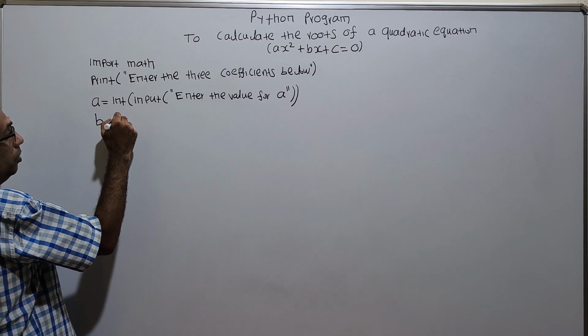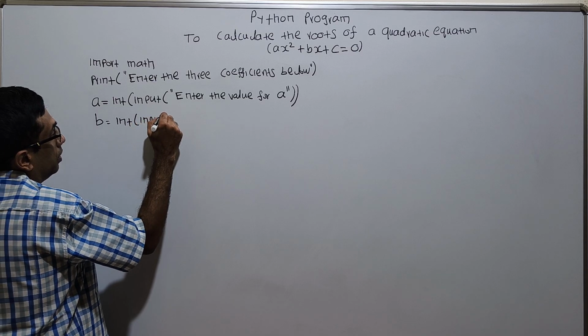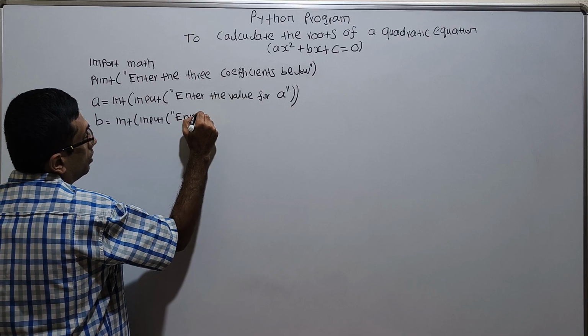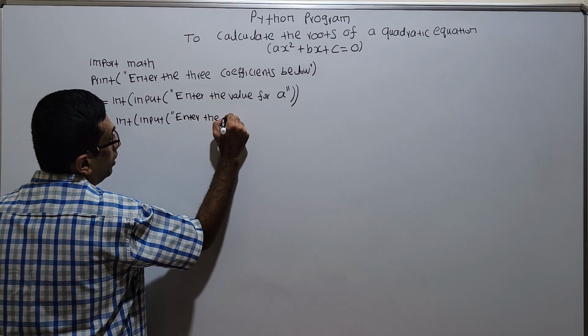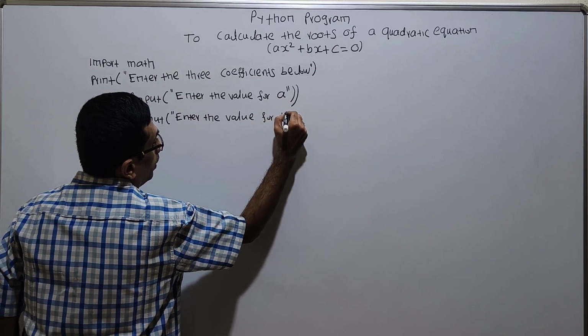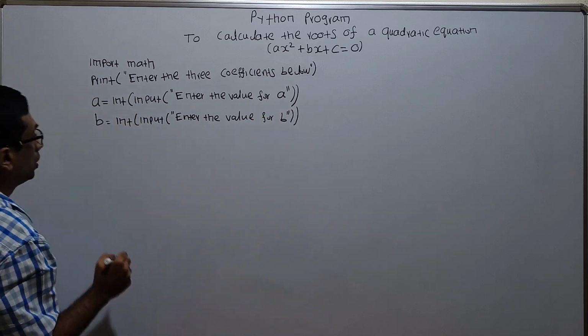Likewise, B equal to integer of input of "Enter the value for B". Closing the double quotation, closing the input function and closing the int function.